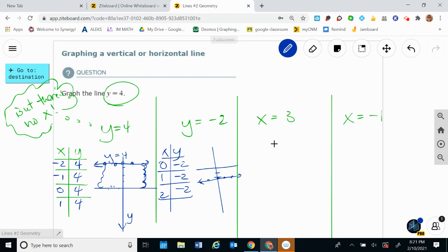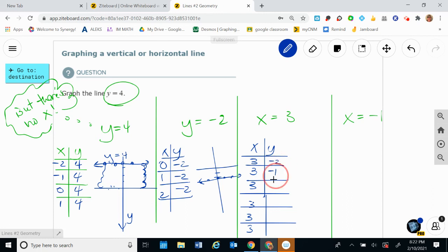x equals 3. Okay, again, use a chart. What it's telling you is that x is always 3. 3, 3, 3. I could go to infinity, and it would just be 3, 3, 3. What's y? Who cares? It can be anything. Negative 2, negative 1, 0, 5, 6, 100. It doesn't matter because x is always 3.